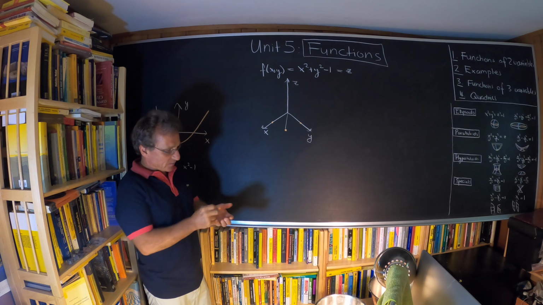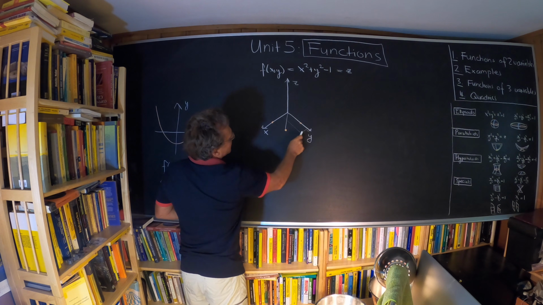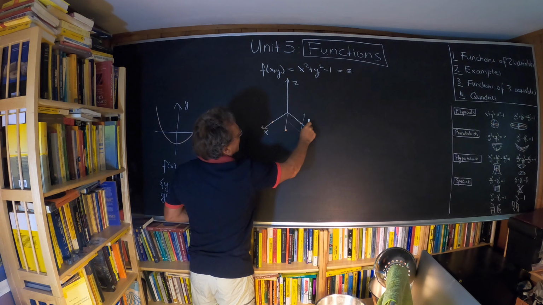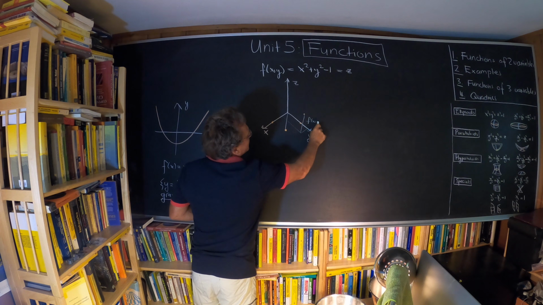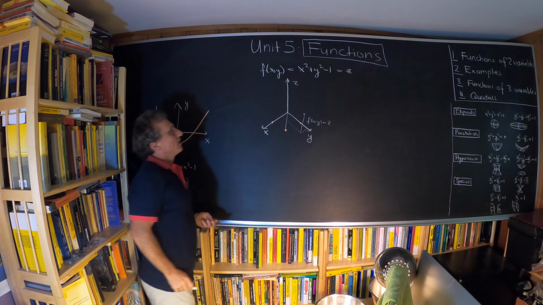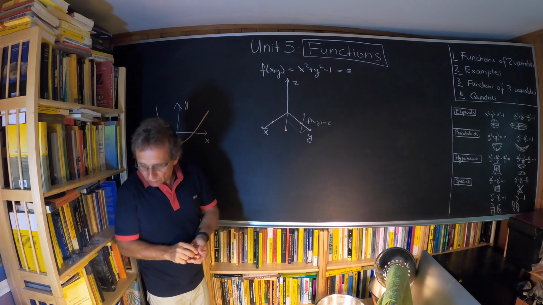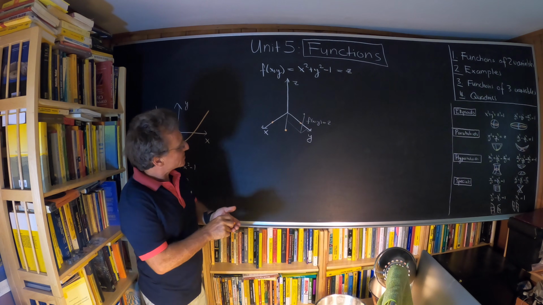So for every given x and y, we can draw our function value f of x, y as the height. And then we do that at every point, we get a graph. Let me just draw this.